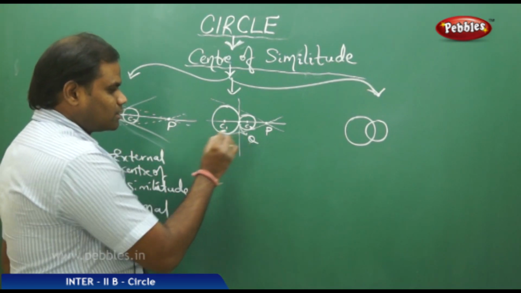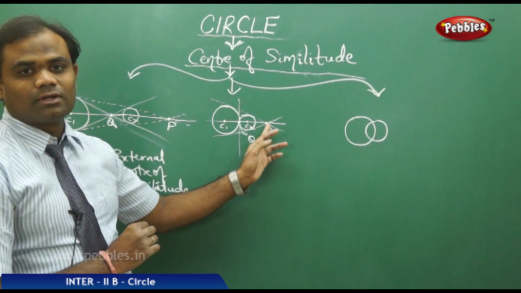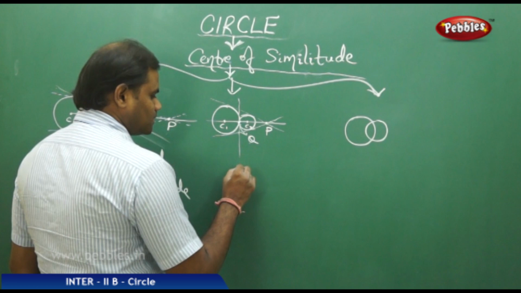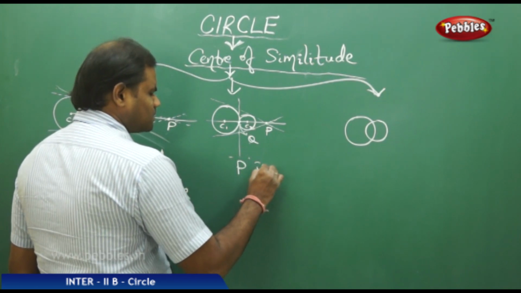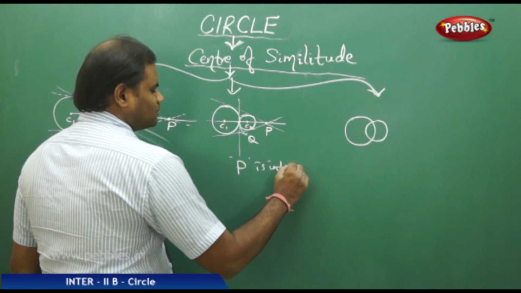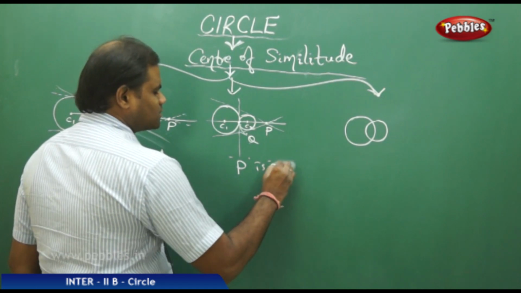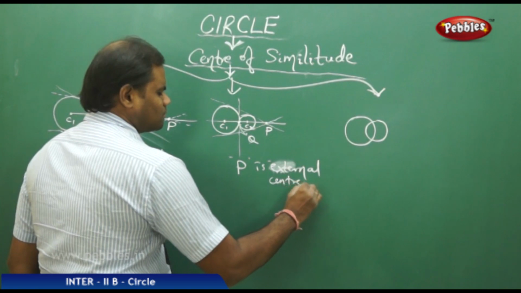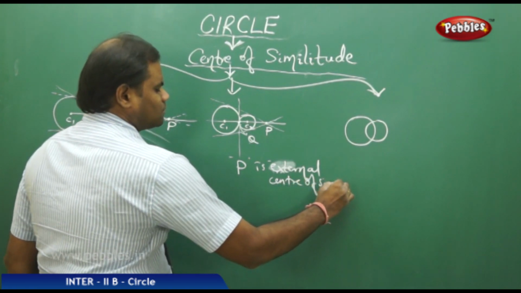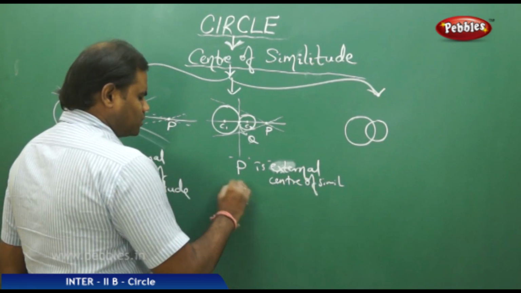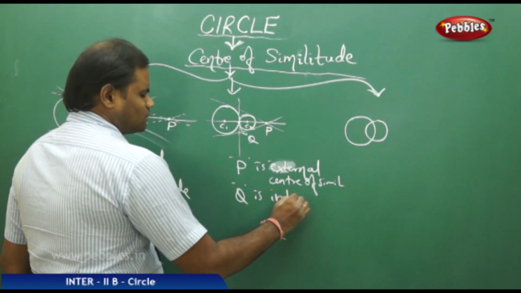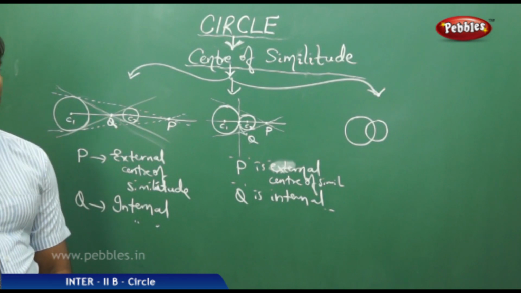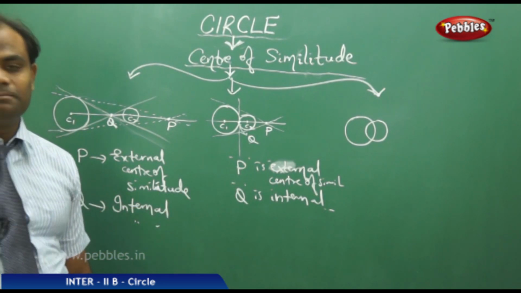Q is called the internal center of similitude and P is called the external center of similitude, as we can see in this case.